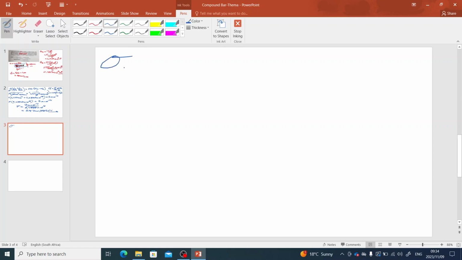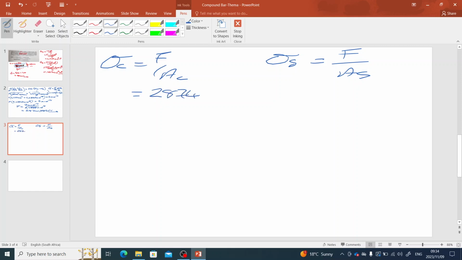Now in calculating the stress, the stress in copper would be force over area of copper, and the stress in steel will be force over area of steel. Which force are we going to use? The force that we have calculated, 28,741,886 divided by the area of copper.